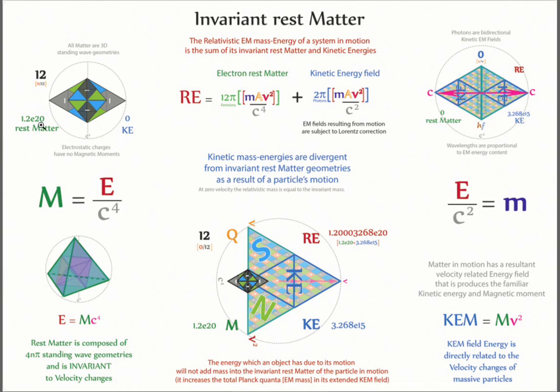We can then obviously calculate for rest mass matter geometries and for the fields that create motion within these fields. Again, we can have electrostatic fields where two chem fields come together and their linear momenta cancel out, or we could have a chem field as drawn at the bottom of the page in the center, in which case it's worth noting that the kinetic energy portion of the chem field again is a photon field.